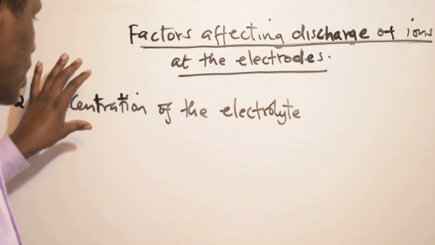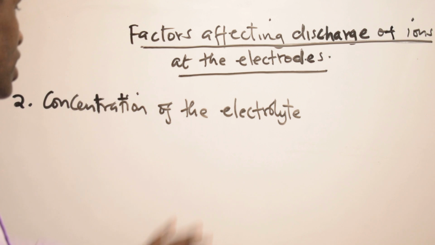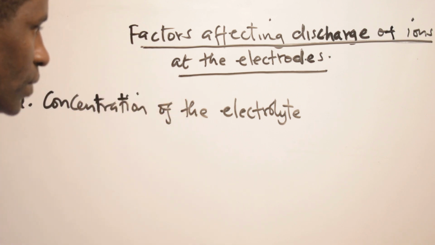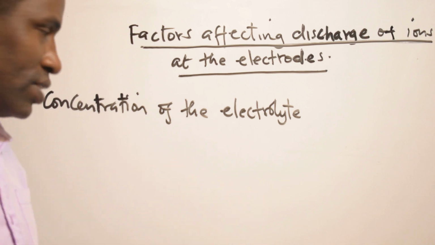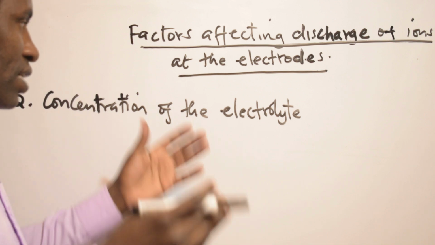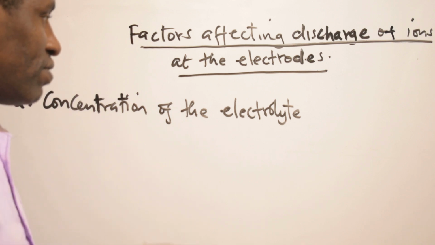Now, our second factor here is the concentration of electrolyte. This will only affect, for example, the anode, and of course the anode will attract the anions, or the negatively charged ions.